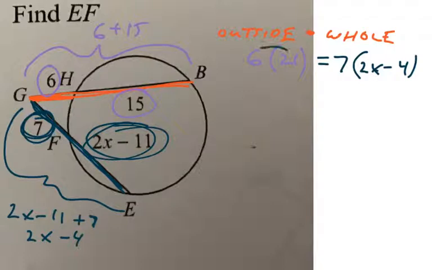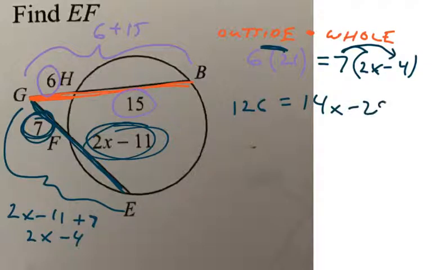So I know when I take 6 times 21 here, I get 126. When I do 7 times 2x, that's 14x. Using the distributive property here, 7 times negative 4 is negative 28. All I have to do now is add 28 to both sides, at least to start out with, right?